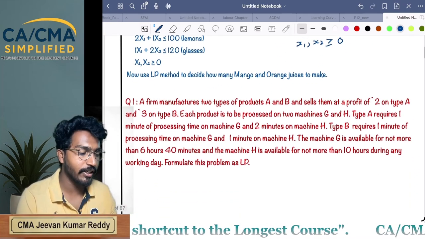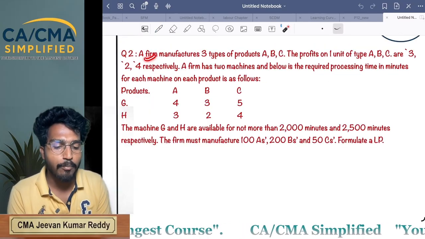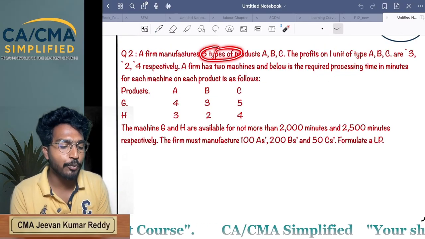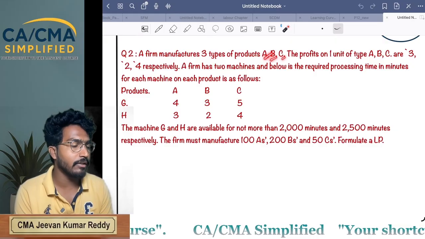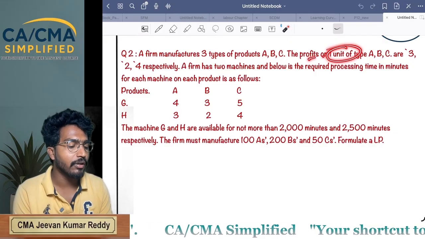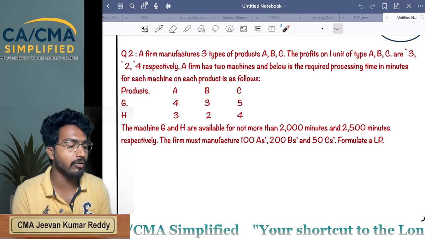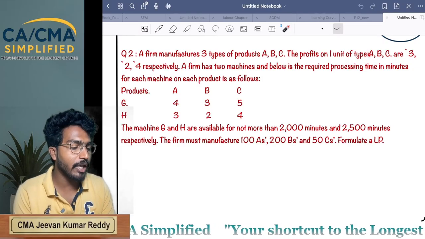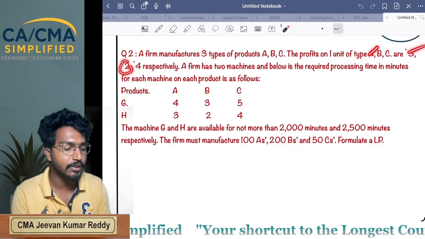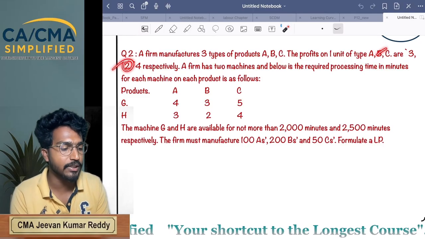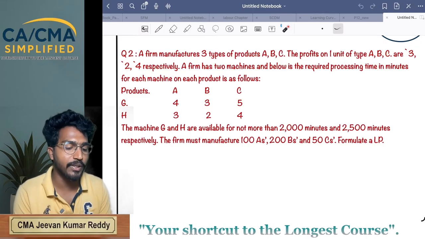No doubts. Very good. A firm manufactures 3 types of products A, B, C. The profit per unit of types A, B, C are 3, 2, 4 respectively. That means for product A the profit is 3 rupees, for B it is 2 rupees, for C it is 4 rupees.